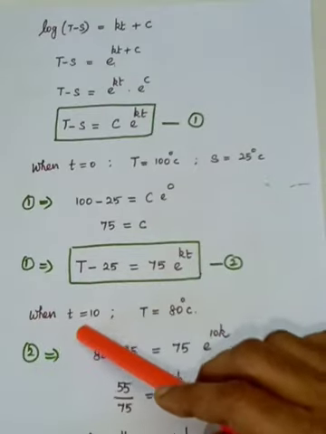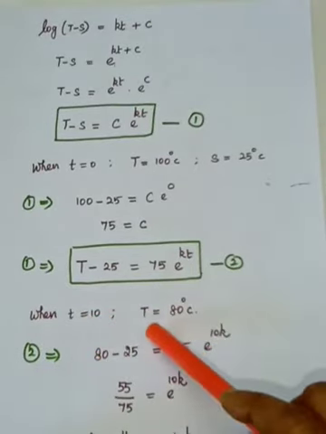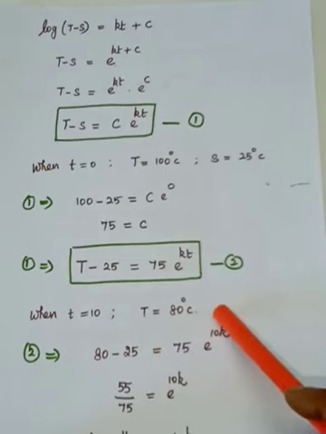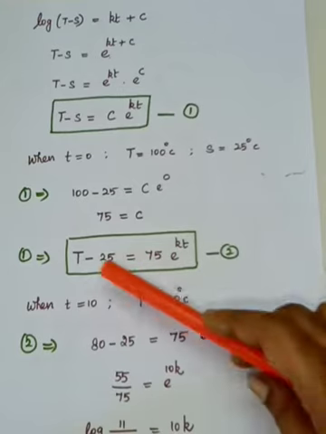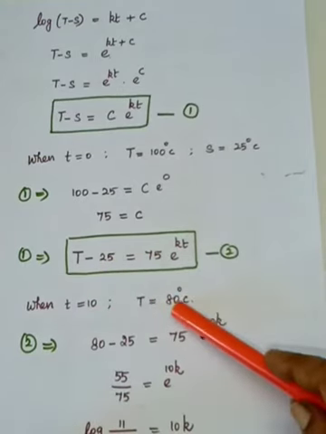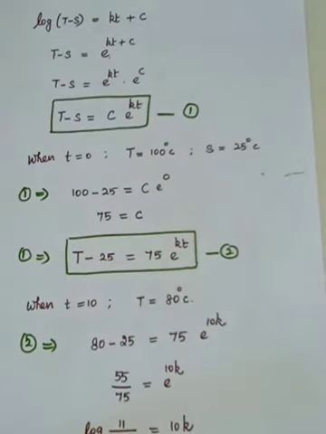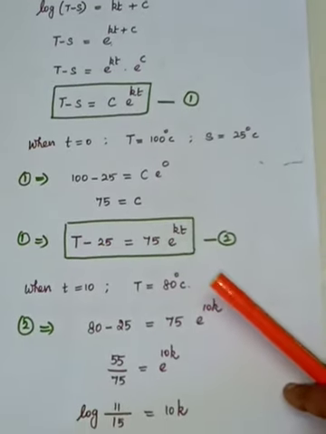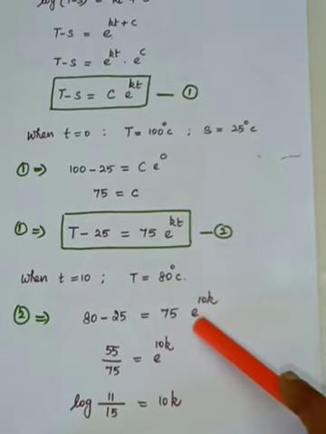So when t is equal to 10, that is 10 minutes, the temperature of the water is 80 degrees Celsius, and it has to be substituted in the second equation. So T is 80 now. 80 minus 25, the room temperature is constant, so that is 25. So 80 minus 25 is equal to 75 e power.